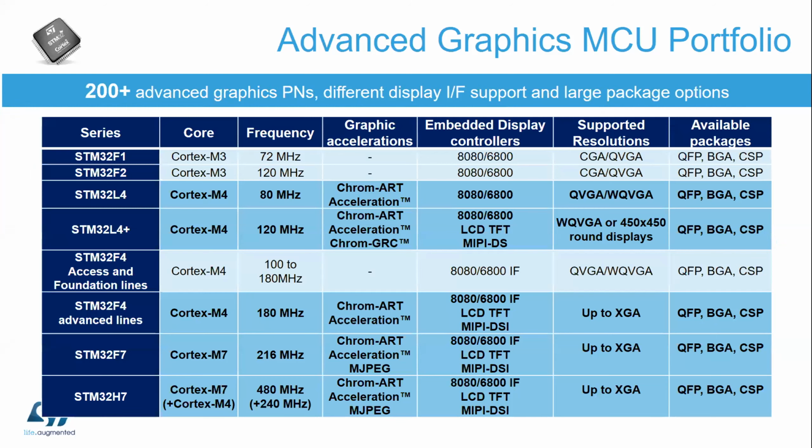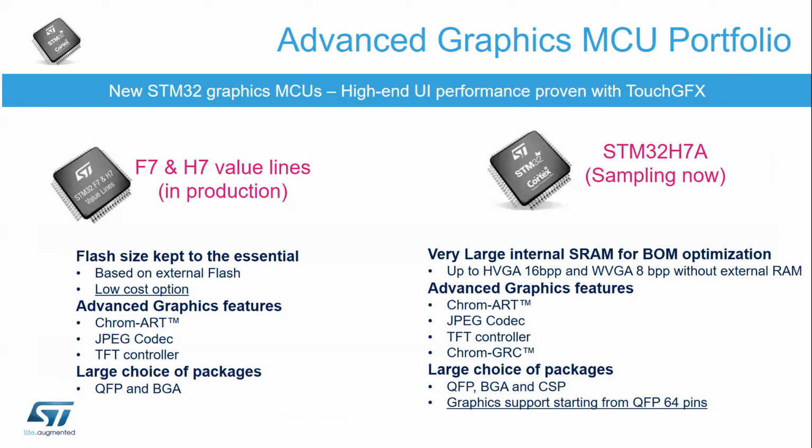Today, all these IPs are embedded in a really large portfolio, more than 200 advanced graphic part numbers in the STM32 portfolio. They are spread in different families with resolution support up to XGA. And these products are available in different package flavors so that you can find what is suitable for your application.